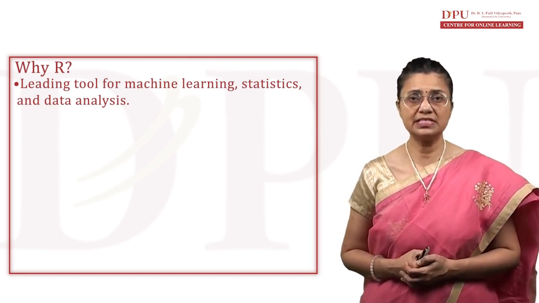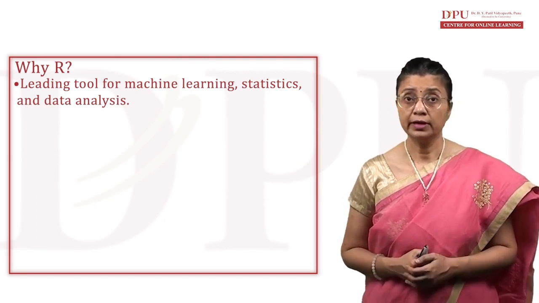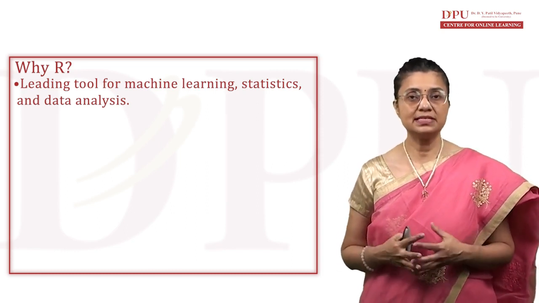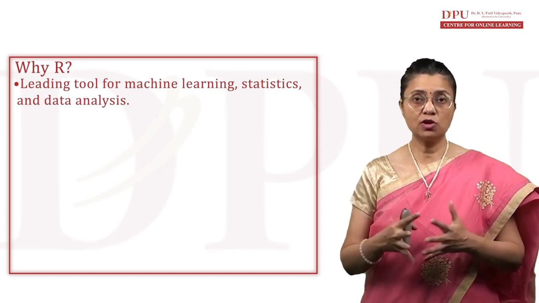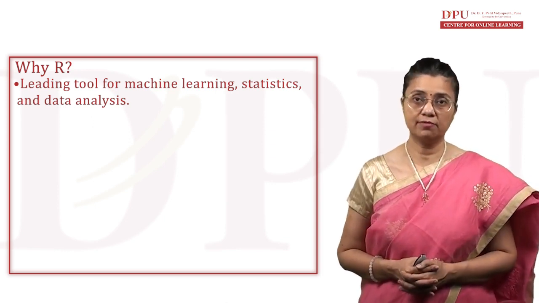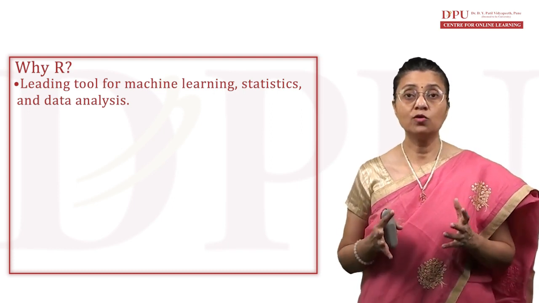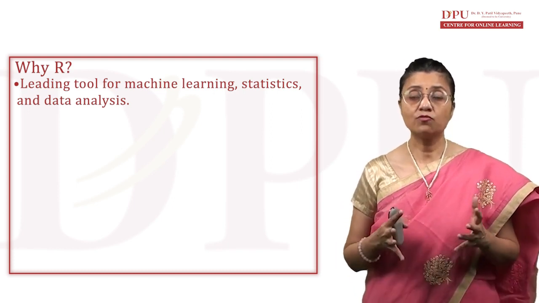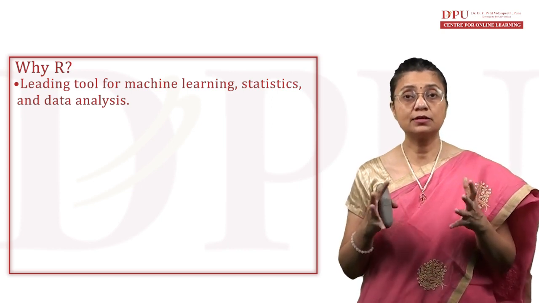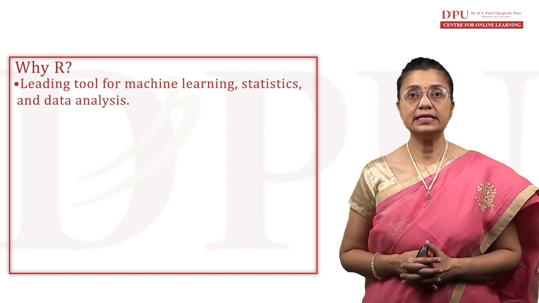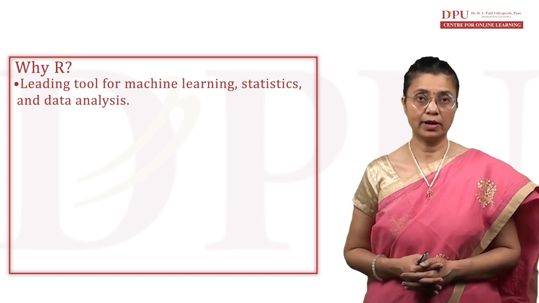So students, when we ask why R has become popular, it is a leading tool for machine learning. It is because of its simplicity and the ease of use of the functions which are available. If I have a little knowledge of statistics and I know what inferential statistics is and what the basic tools in statistics are, I can go for data analysis very easily with the help of R programming.